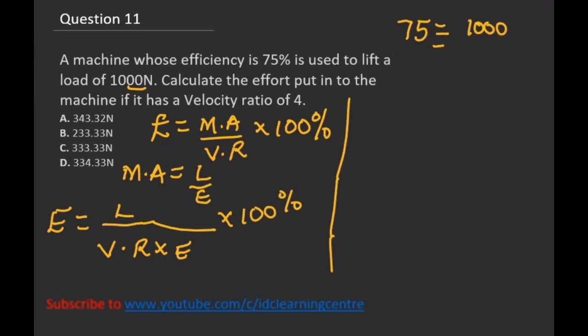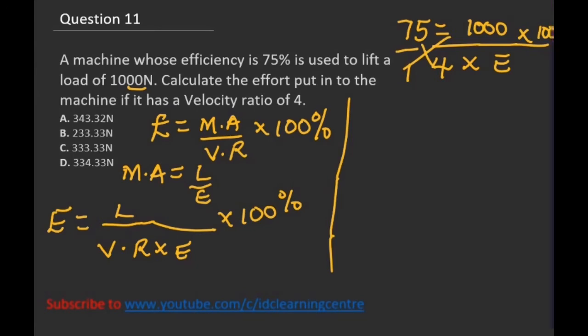Now divide by velocity ratio, which is 4, times the effort, which we don't know, times 100%. Okay? Now, make this effort the subject of the formula. Cross multiply.